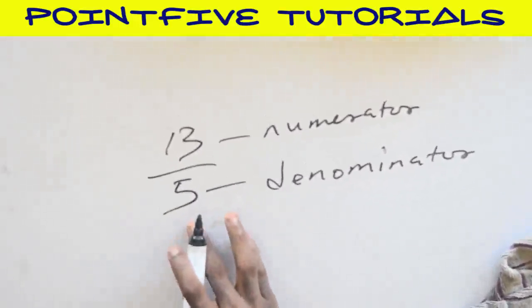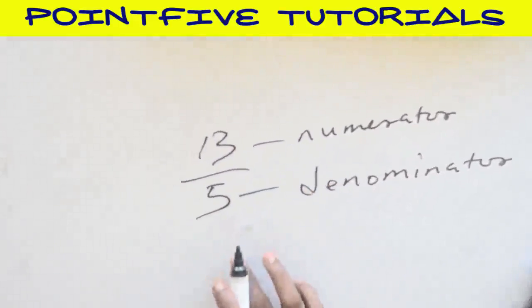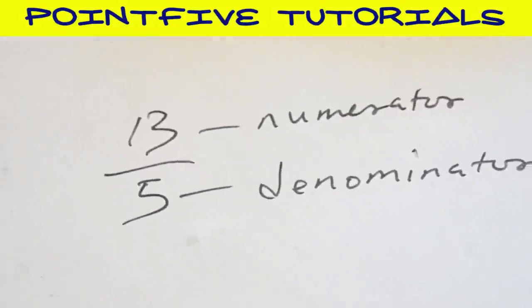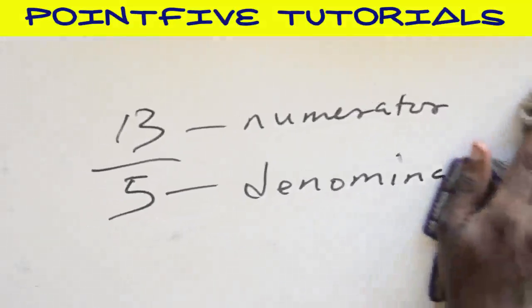If it's not a proper fraction, you check the numerator is bigger than the denominator. It happens to be an improper fraction.